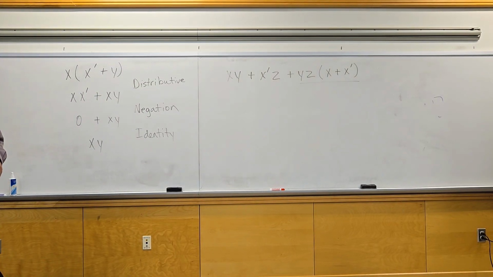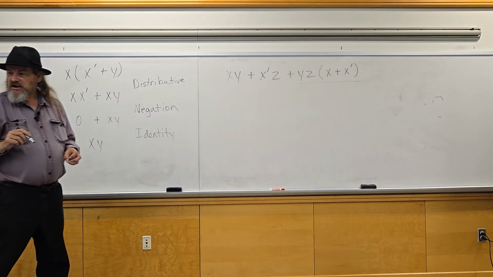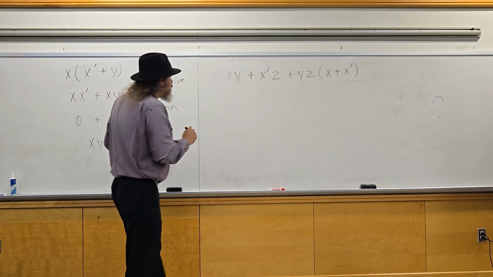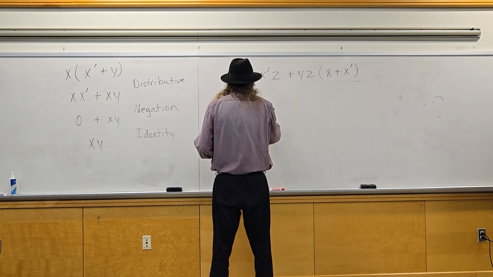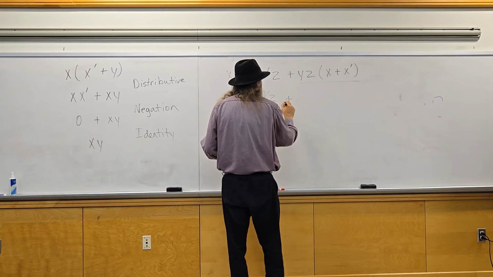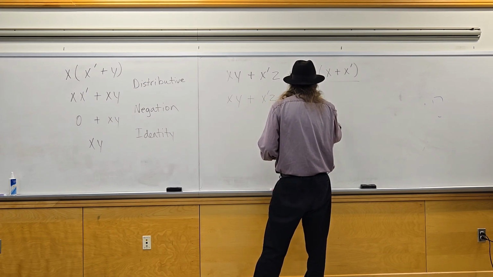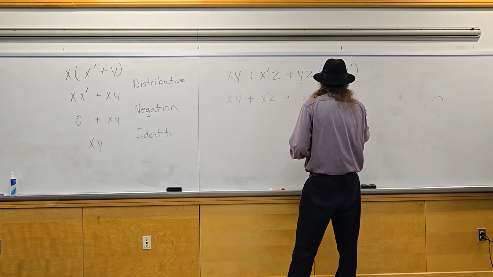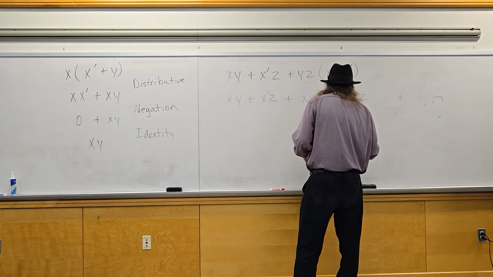Okay. What this allows you to do then is distribute this, so it's x y, or x prime z, or x y z, or x prime y z.